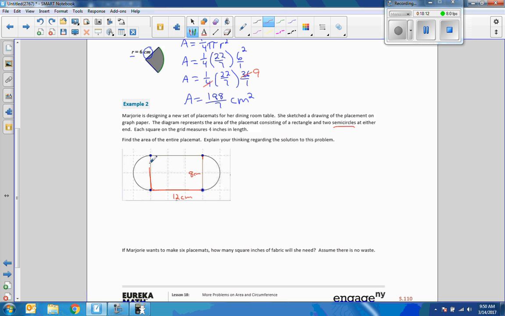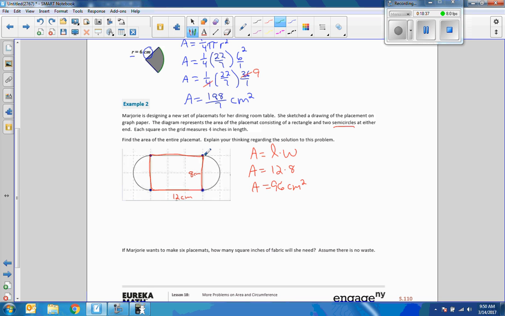Okay, so there's my rectangle right here, which is 12 by 8. So the area of a rectangle is length times width. And again, please show your formula. Then substitute in your givens. 96 square inches. That's just the rectangle.